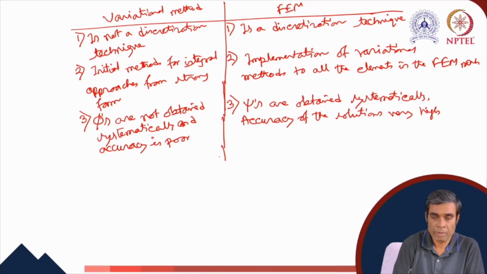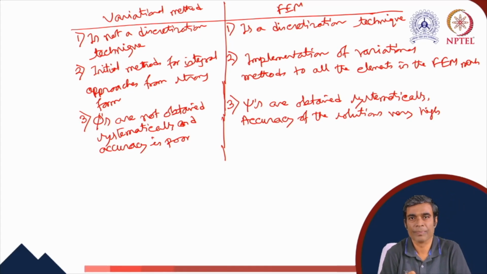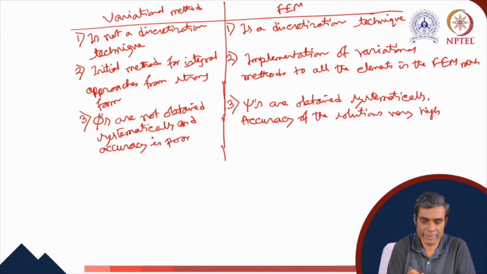Then, point 4, we can write that we get problems while dealing with complex geometries in multi-dimensions using the variational methods, and the finite element method is highly flexible and works very effectively in case of complex geometry in multi-dimensions.